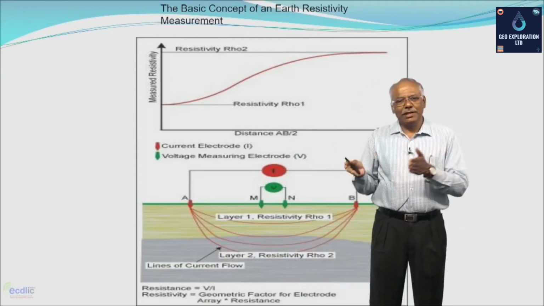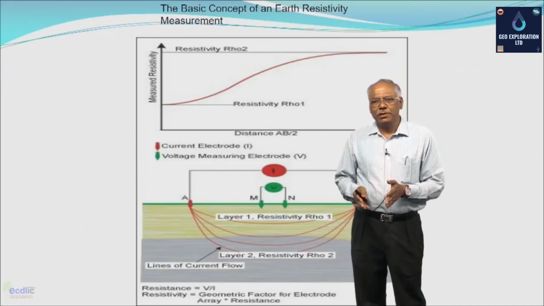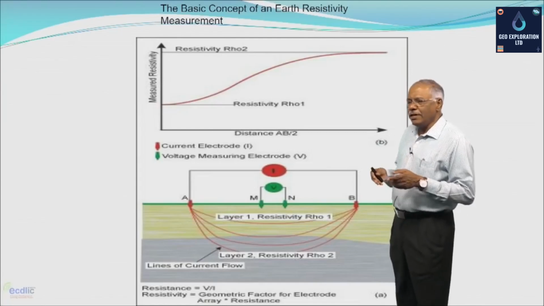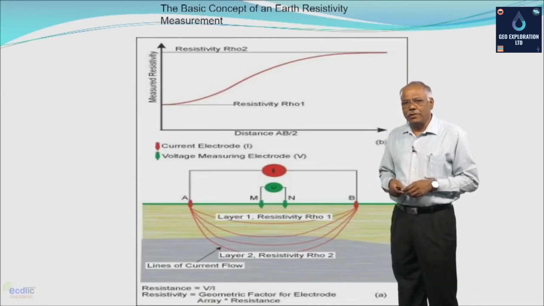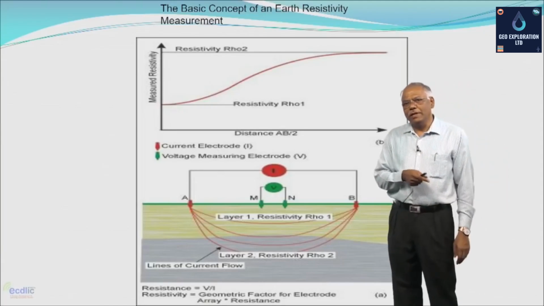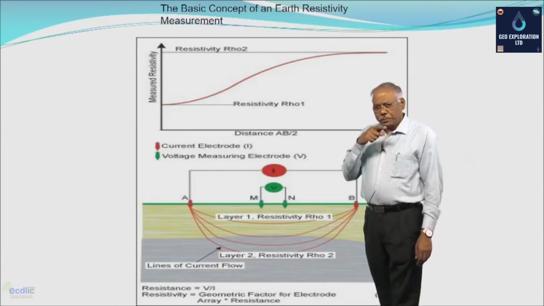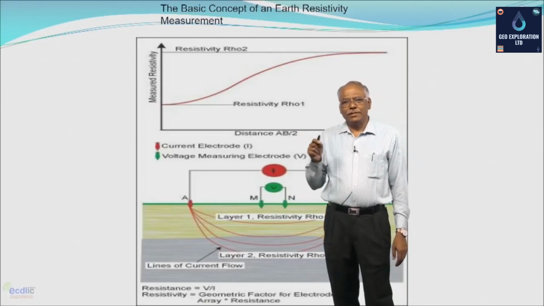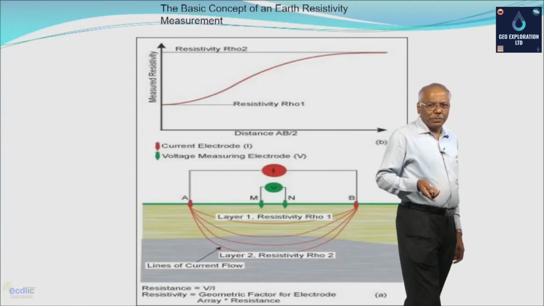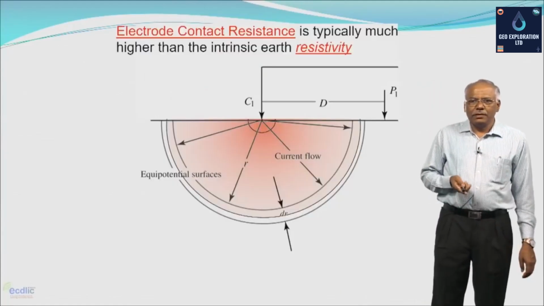So, it is either AB by 2 in Schlumberger, or it could be a in the case of Wenner electrode configuration, and measured values of the resistivity. Therefore, you will get the resistivity versus distance as a graph plotted with the help of this particular data.